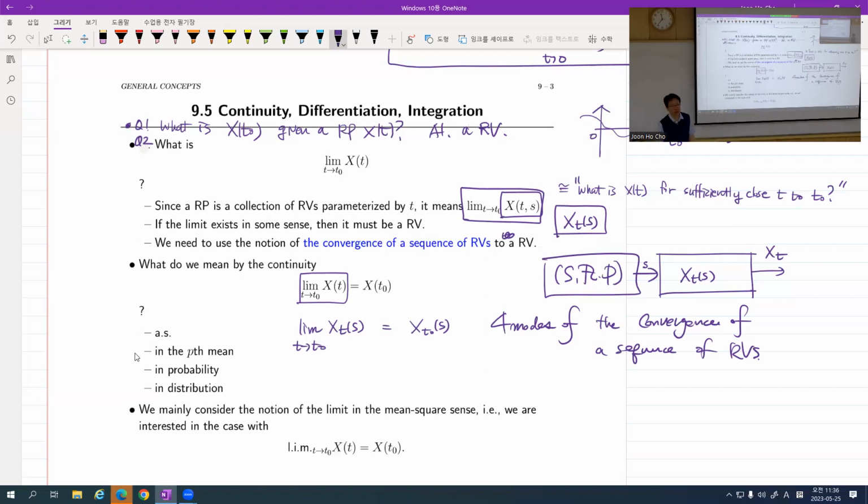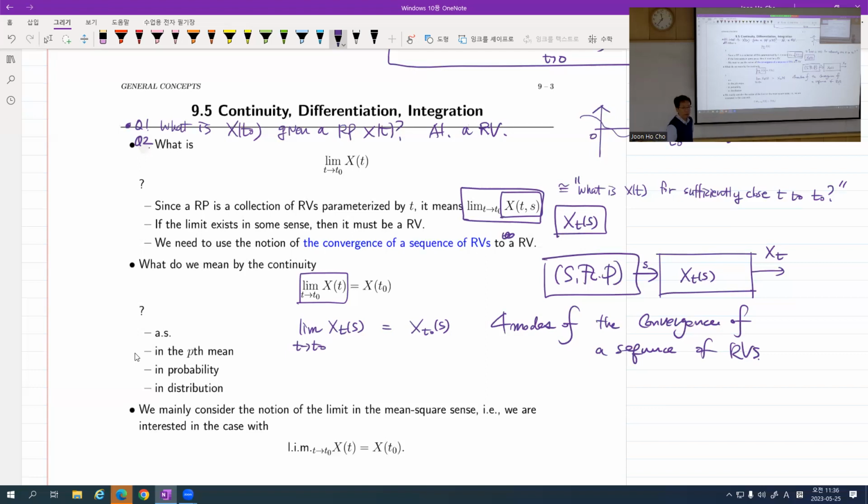And that stochastic calculus is called mean square calculus. When we talk about the convergence of a sequence of random variables, we use that to show continuity, derivative, or integration of a random process. We love to use convergence in the second mean.